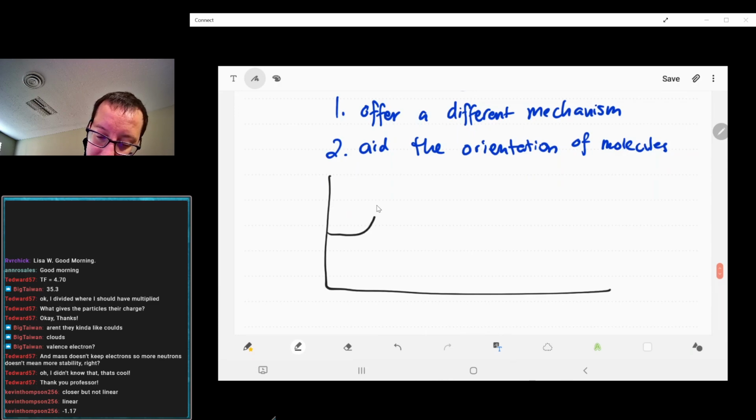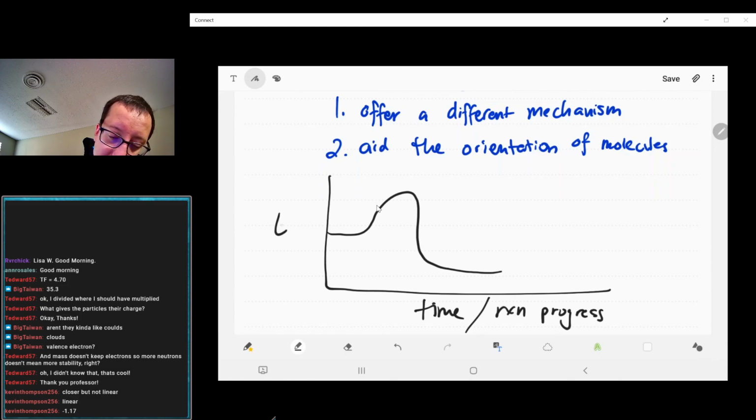here's some general reaction. Here it is. Again, we have our time or reaction progress. And then we have our energy. Maybe if we throw in our catalyst, we'll end up lowering our activation energy.